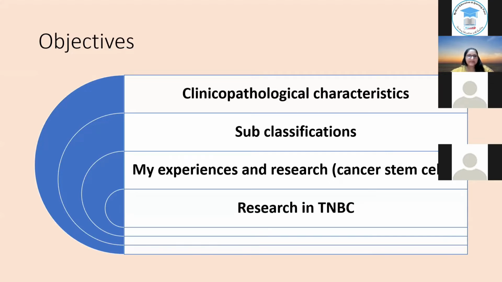My experiences on TNBC and research predominantly on cancer stem cell markers and the further current trending research in TNBC. So in this session, I'm going to talk only about the basics, but not much about molecular, but a few pointers on molecular. Because in the next session, if somehow we are going to have in future, we are going to talk in detail about the molecular aspects of TNBC.